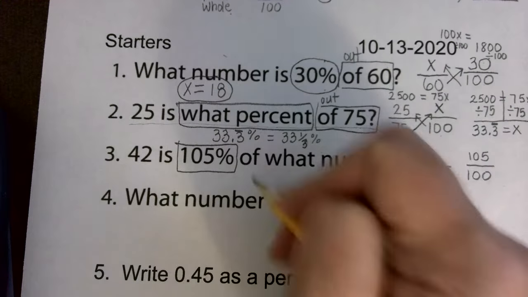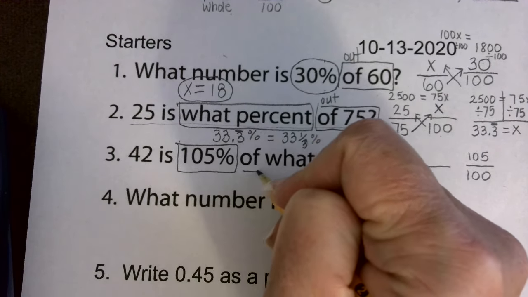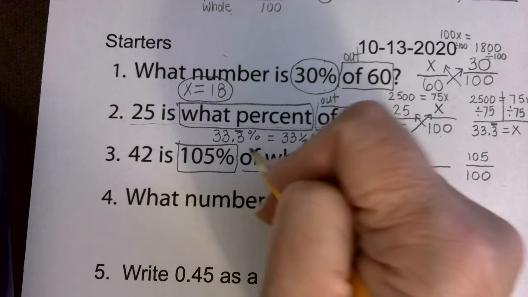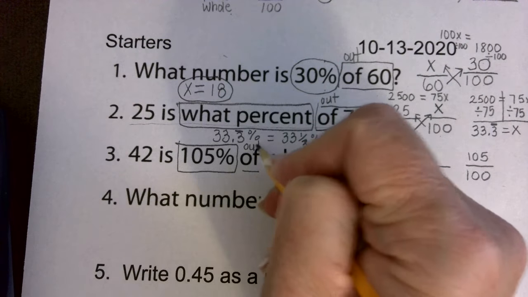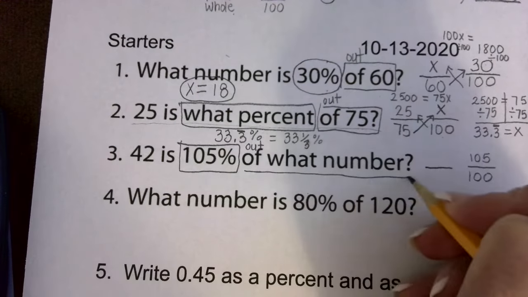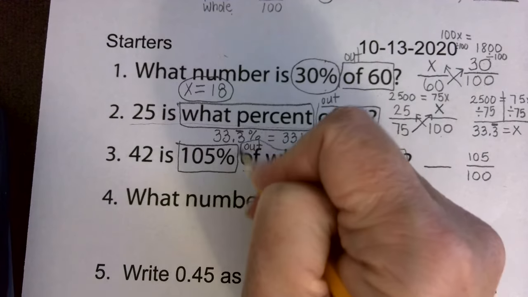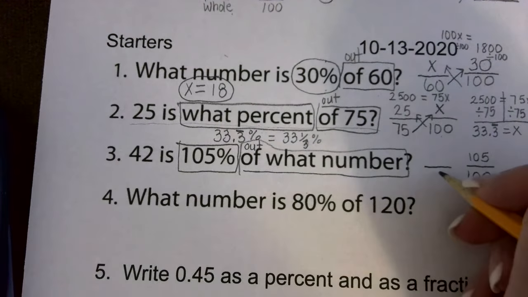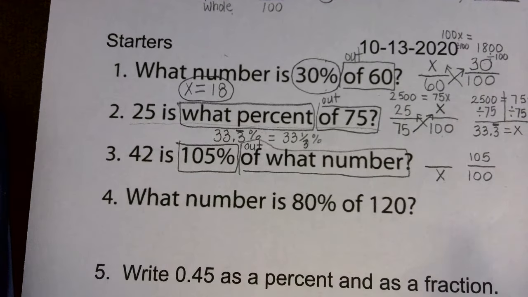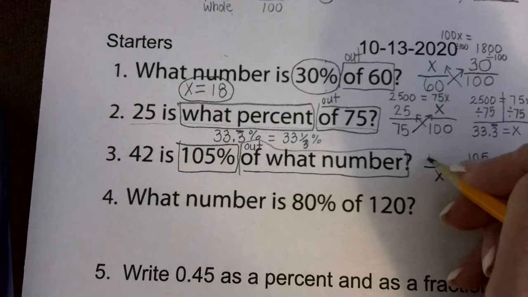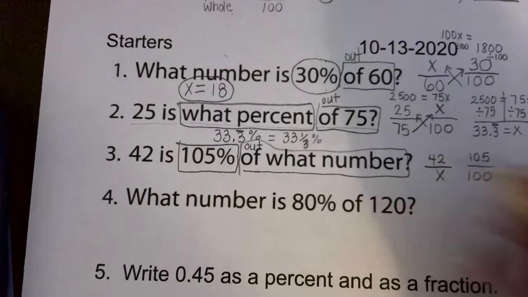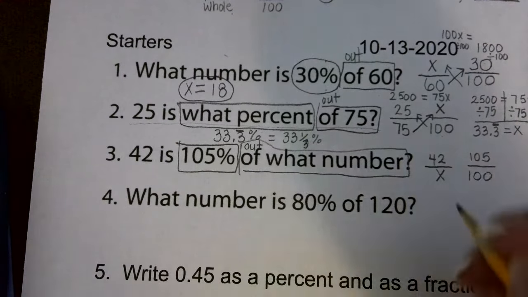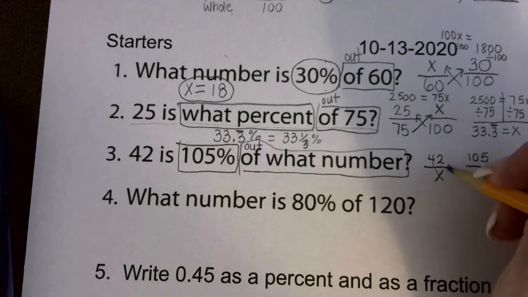Then we look for the word of, and this means out of, and it says out of what number? Which means we do not know what the whole thing is. So that's where our X is going. We're trying to find the whole. And then we've got 42 on the top.